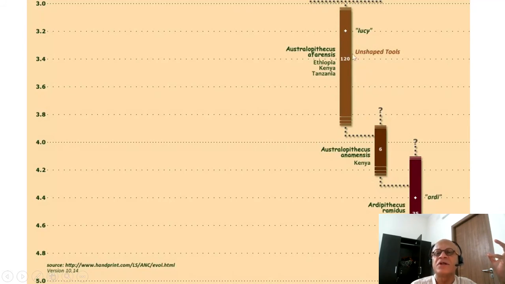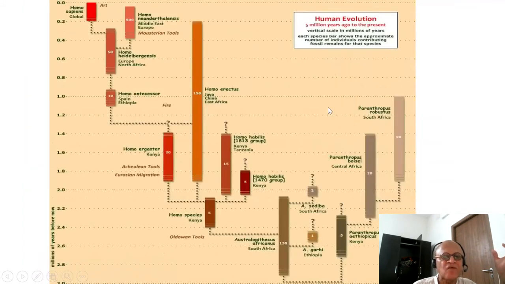This is Lucy, so we begin to find unshaped tools. Australopithecus afarensis in Ethiopia, Kenya and Tanzania leave evidences here, and we can come forward in time to more recent, where the split happens and then this lineage survived for a while, more than 1 million years or so.